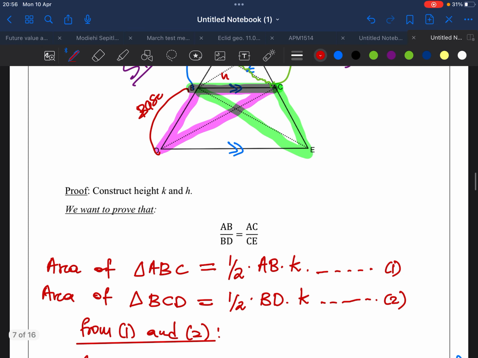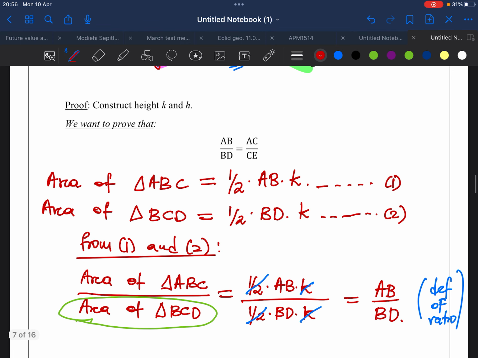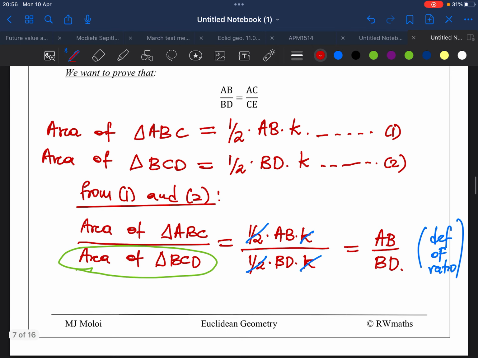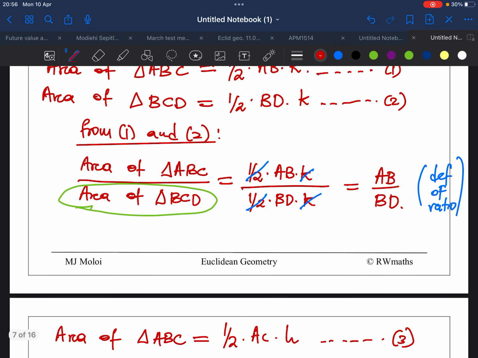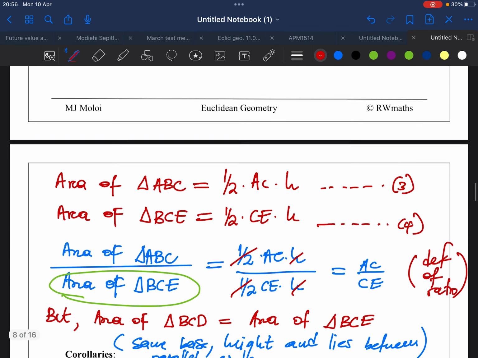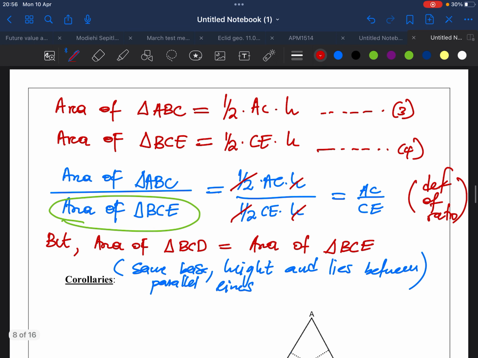We spoke about the area of triangle ABC and the area of triangle BCD, and we have shown that these two areas can be worked out as a ratio, which gives us AB over BD. The same applies to the area of triangle BCE and ABC, which can also be written as a ratio.